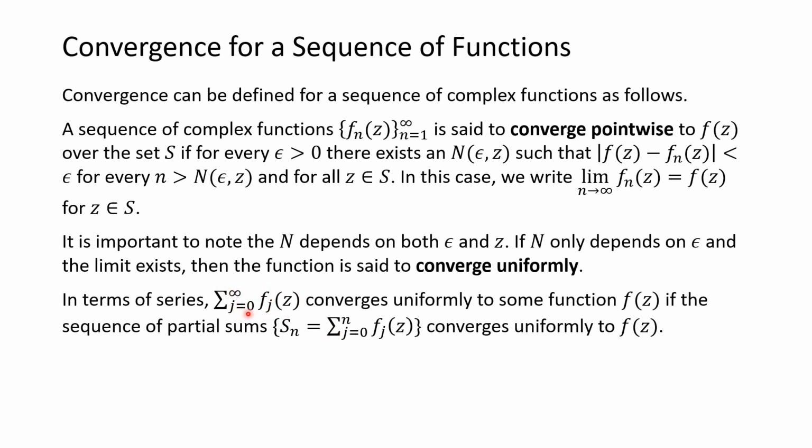So we have here the sum from j equals 0 to infinity of f sub j of z converges uniformly to some function f of z if the sequence of partial sums, when you're just going from j equals 0 to n of these functions, converges uniformly to f of z. And again, that would be over some set. It doesn't have to be the entire set of complex numbers. It could be a subset.